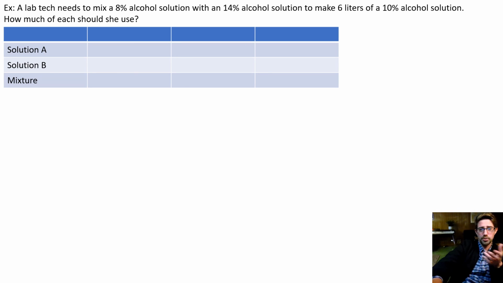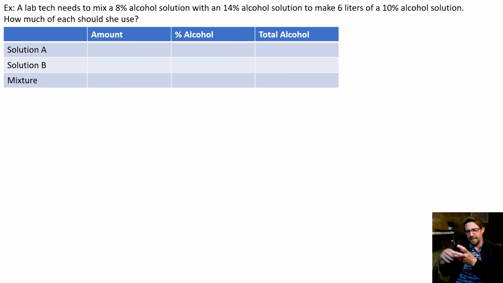Okay, table. I called them solution A and solution B. Not for any reason, just because I didn't know what they were called. Okay, so once again, our first column is an amount. Our second column is like a rate. It's like, okay, we have this much of this stuff, and it either costs this much, or it's worth this much, or it has this much of this other stuff in it. And in this case, it's the third one, so it's how much of it is alcohol.